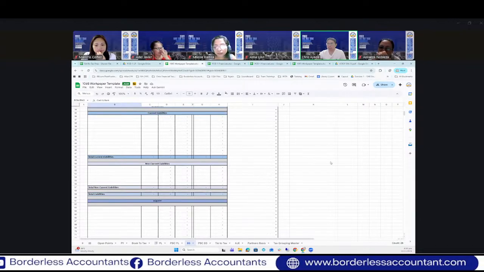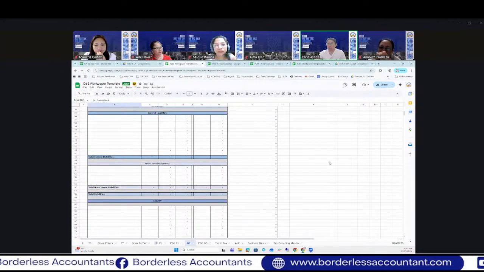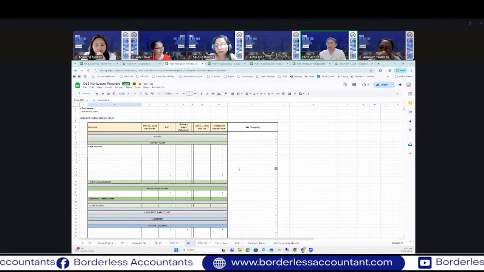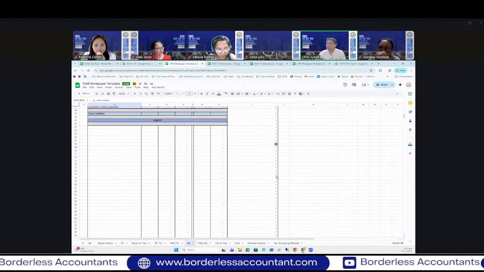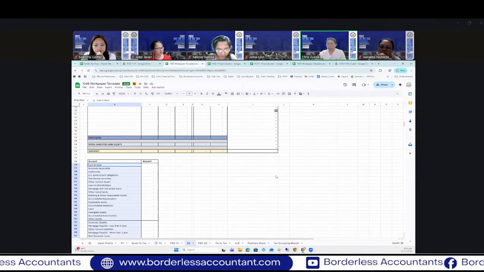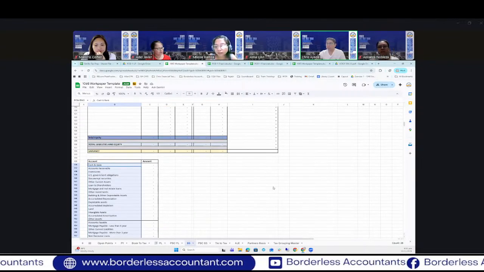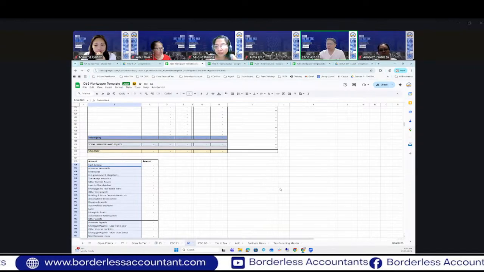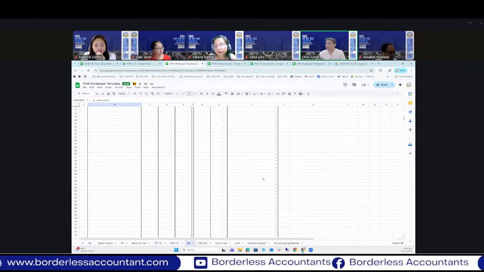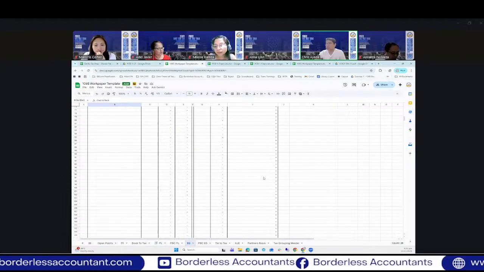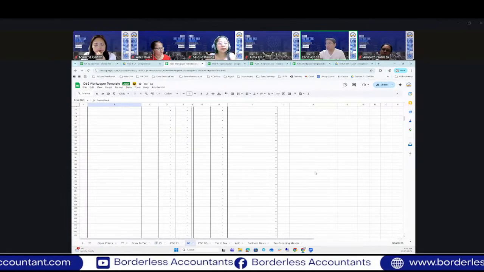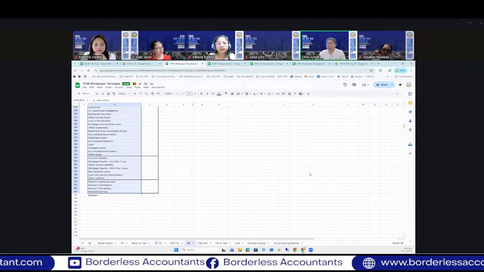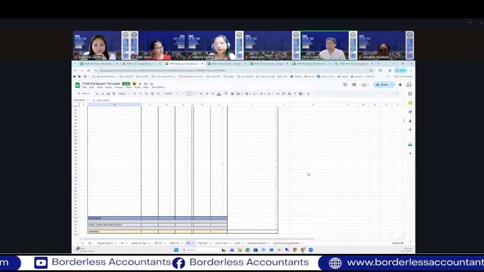Makikita nung reviewer kung paano mo kinategorize yung transactions, right? Like, for example, salaries and wages. So, tama ba na ang lahat ng accounts ay considered as salaries and wages? May iba ba dyan na contractor dapat? Right? Yung taxes ay properly recorded ba?